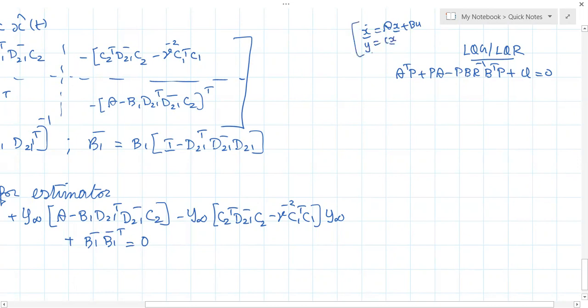This linear plant should satisfy a quadratic performance index, from the initial time to the final time, X transpose QX plus U transpose RU. You have to find the resultant control law, which is given by minus K into X.